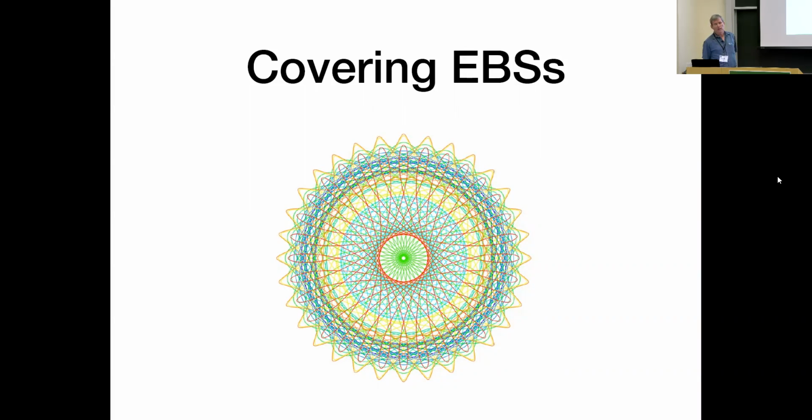You get what we called covering EBSs, extended building sets is what it stands for. And there, the pieces, those petals of the flower, aren't necessarily subgroups. In fact, they generally won't be, but they have enough structure to them that we can control what's going on.